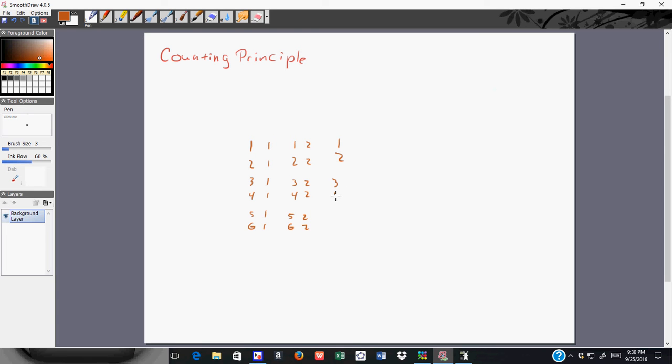And what I'm doing right here is making up all the possible ways I can roll 2 dice. And you might be wondering what on earth this actually means. It means the first die is a 2, and the second die is a 2. Or the first die is a 2, and the second die is a 3.